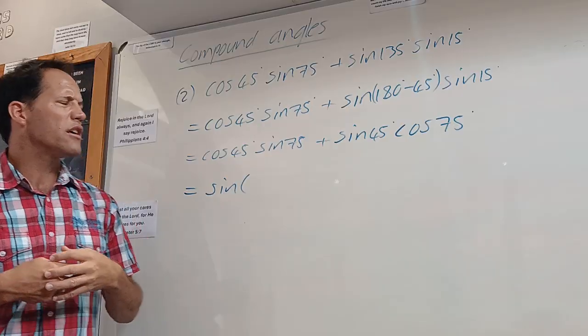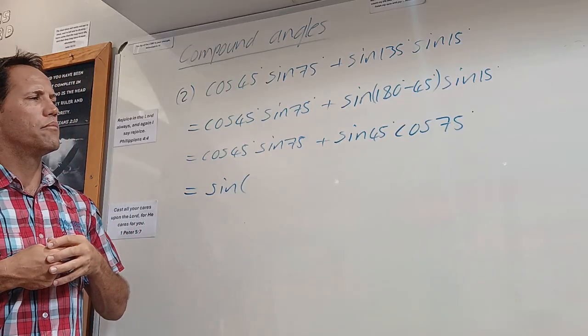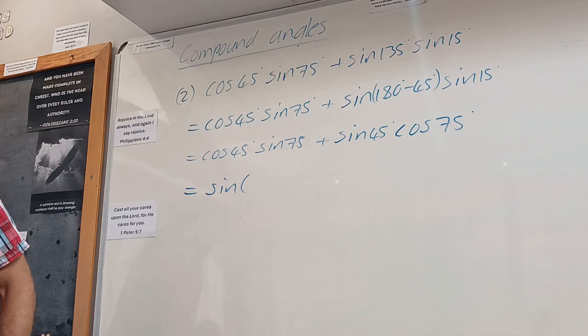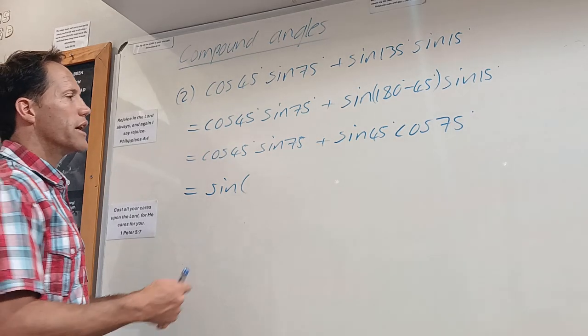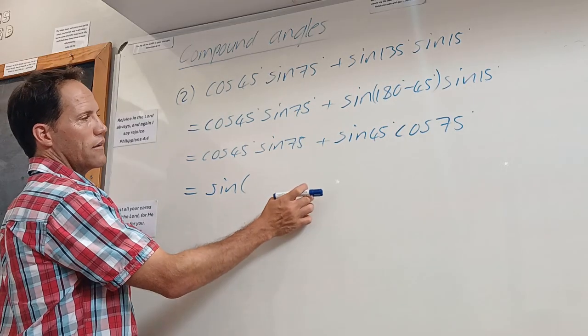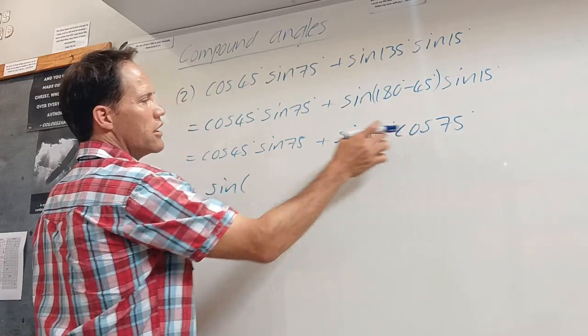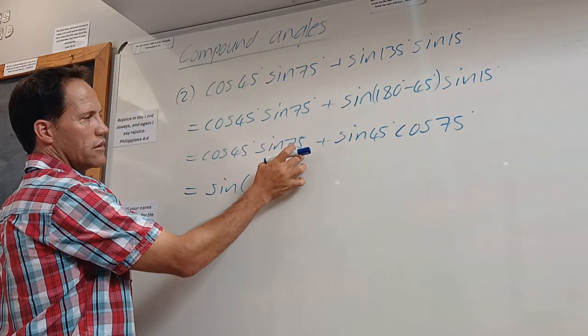But if you think of the compound angles, if I look at my four compound angles, sine alpha plus beta is sine alpha cos beta plus cos alpha sine beta. Okay?